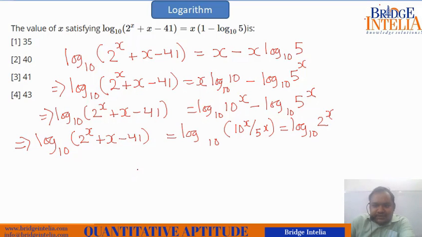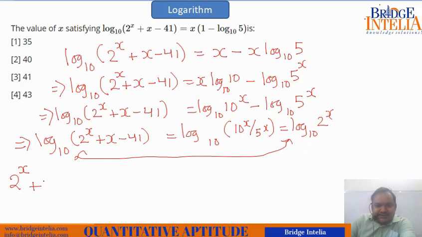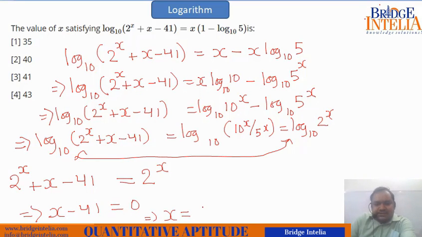So now you compare these two terms. It becomes very evident that 2 to the power x plus x minus 41 must be equal to 2 to the power x, which clearly indicates that x minus 41 is equal to 0, which means that x must be equal to 41. Okay, now let's move to next one.